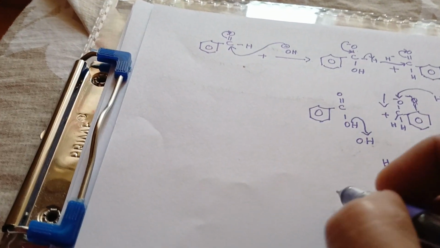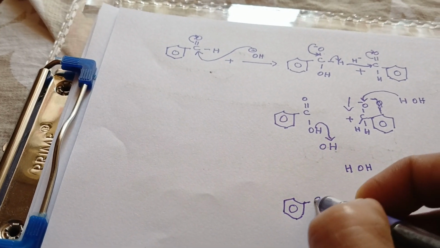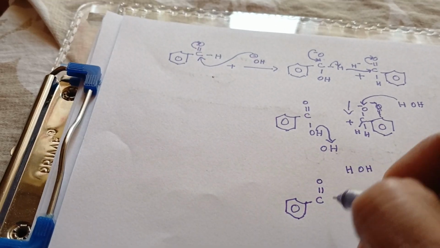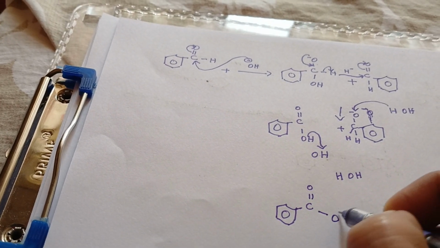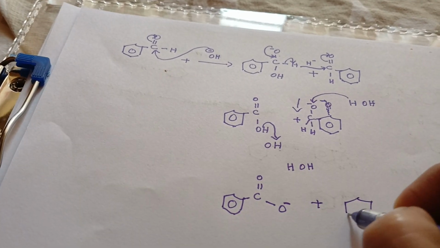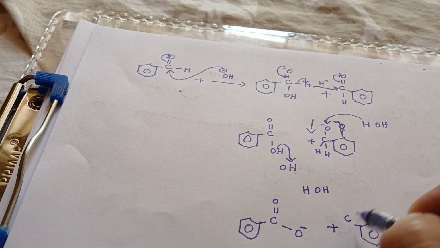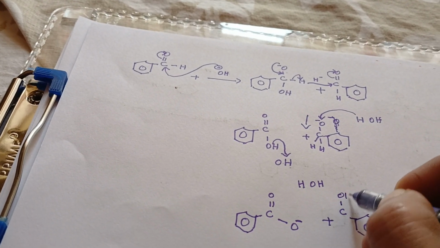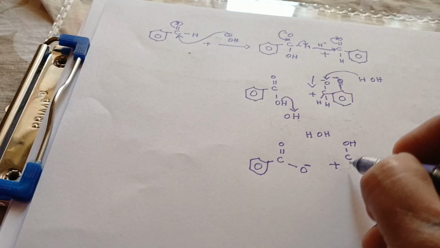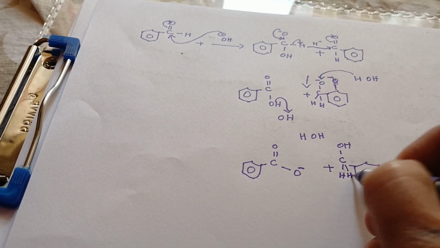So here you will have C double bond O minus, plus here you will have CH2OH, with these two hydrogens, H and H, here.